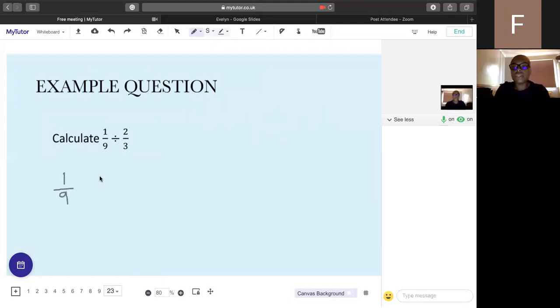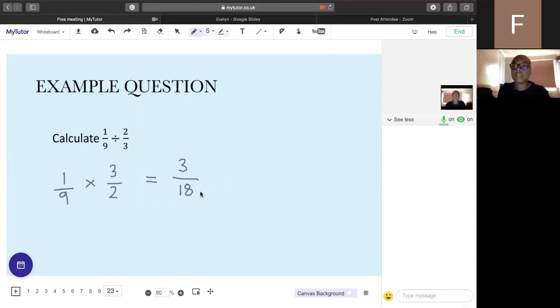Then we're going to change the divide sign to a multiply sign, and then we're going to flip. So we've got 3 over 2 instead of 2 over 3. And then we're going to calculate it. So 1 over 9 multiplied by 3 over 2. We've got 1 times 3, which is 3, then 9 times 2, which is 18.